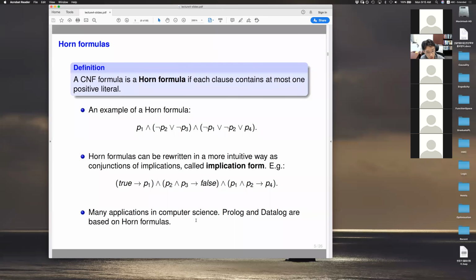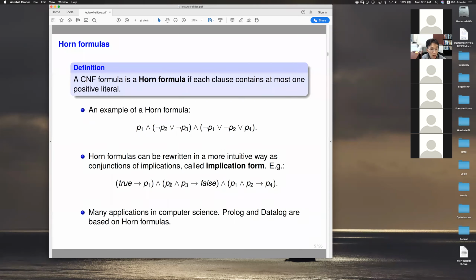If you look at databases, Datalog can serve as a query language and also for knowledge representation. And even sometimes, if some people are working on the combination of logic and machine learning, they use some probabilistic models that are closely related to Datalog. So Datalog and Prolog play an important role, and they are all based on the Horn formula.